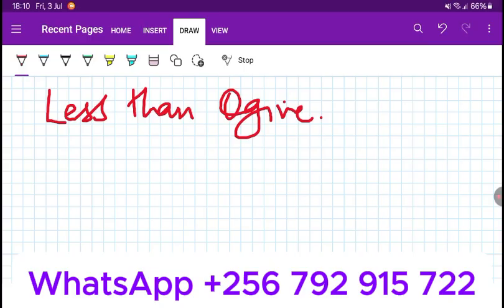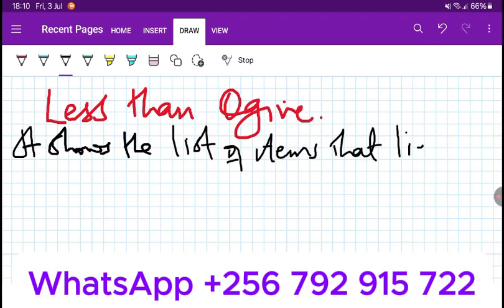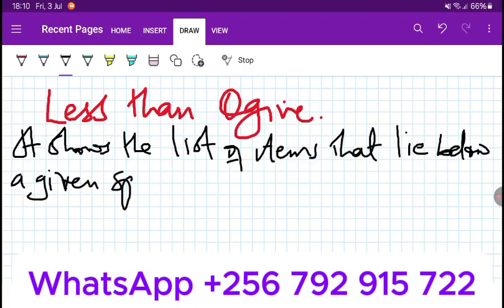So a less than ogive shows the list of items that lie below a given specified value.